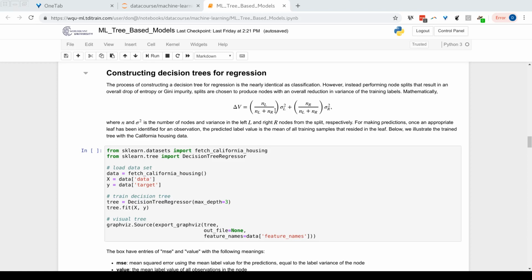And the term in parentheses is a relative fraction. n of L tells you the number of training points that reside in the left node, and n of R tells you the number of points that reside in the right node. So this tells us what fraction of the training points goes to the left and what fraction goes to the right. And that's going to be used as a weight when we calculate the overall drop in the variance by performing a split.